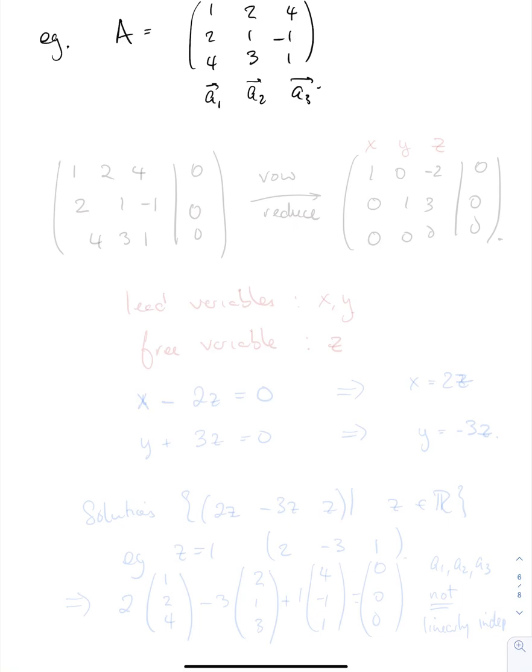Well, I'm actually going to pull in a technique from earlier in the semester. We're going to set up our augmented matrix with zeros on the right-hand side, and we're going to do row reduction. I'm not going to bore you with the details, but I will say that we get this.